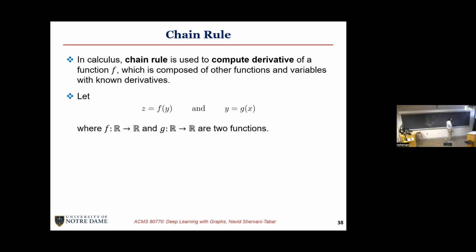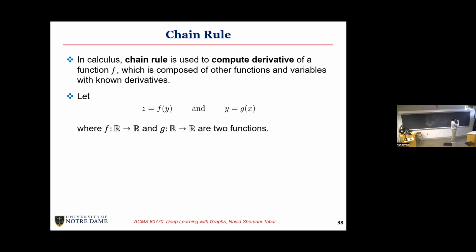All right, so just to refresh your memories on some basic undergrad calculus, let's say that I have two functions, f and g, and both of them are a map from real values to real values. So essentially, I have some variable x, I give it to function g, it returns me some variable y. I plug this new variable to another function f, and it is going to give me some variable z.